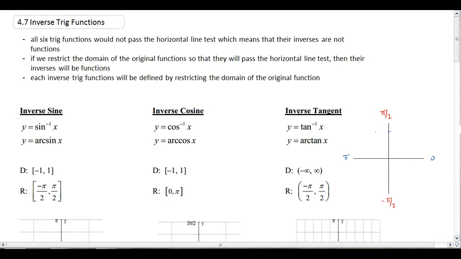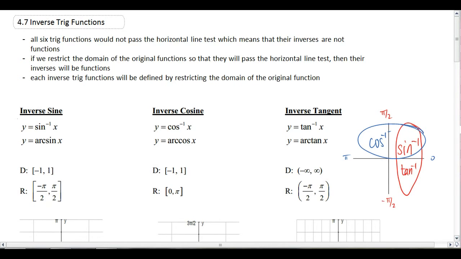Now the good news is you have to keep yourself focused on the fact that arc sine, what I just erased here, arc sine is stuck in quadrants 1 and 4. So is arc tangent for that matter. And arc cosine lives in quadrants 1 and 2. Because we had to restrict their domains of the original ones of cosine.